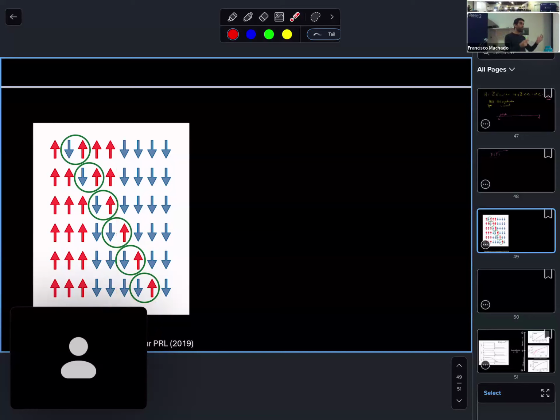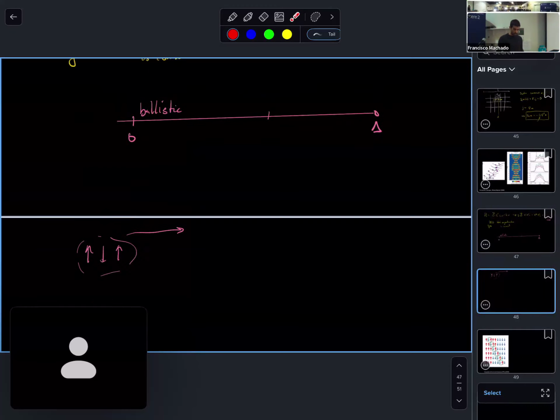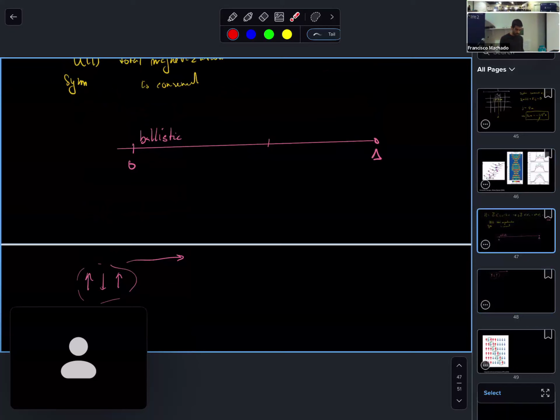So one way that you should think about this is that in this limit of very large delta, where the domain wall is the right basis to think about the dynamics, domain walls are moving ballistically, but they're not carrying magnetization. But as they interact with other bigger domain walls, they're moving them around in some sort of random walk. At some point, some particles are going to come from the left. At some point, they're going to come from the right. And these domain walls are effectively going to diffuse. And so what we expect is that in this regime, instead of ballistic transport, we should actually have diffusive transport.